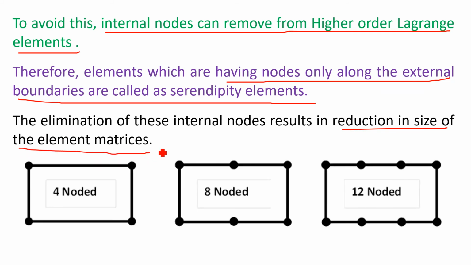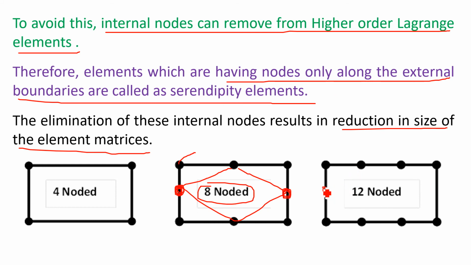Now there are 3 elements shown in the figure. The first case is a 4 noded element where nodes are only on the corners. The second example is an 8 noded element, where along with the 4 corners the edges also have middle nodes, so 4 corner nodes and 4 middle nodes, total 8.